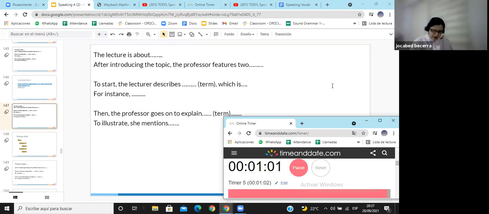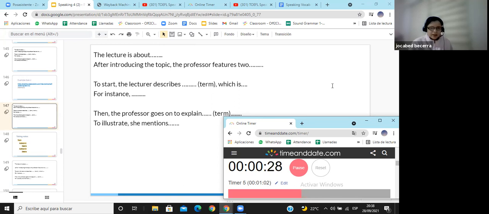The lecture is about the defense mechanisms when people have psychological pain. To start the lecture, she describes the first mechanism, fantasy. Fantasy is when the person invents a happy story, and she mentioned the example of the dog. When the dog is lost, she invented that the dog found a great family.